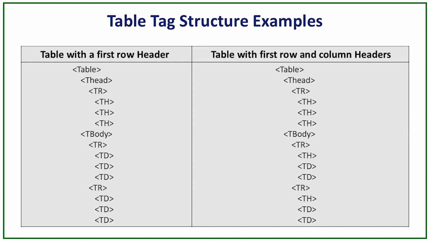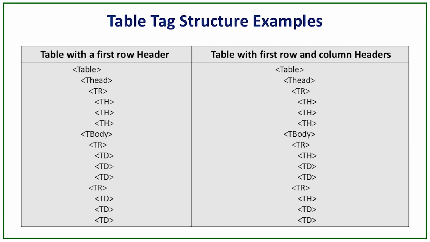On the second level, we have a T-head container and a T-body container. Within the T-head container, we have a TR container that contains 3 TH column header cells. Within the T-body container, we have 2 TR containers that contain 3 TD data cells each.